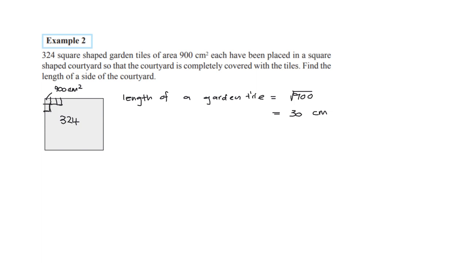Then how many square-shaped tiles here? Number of garden tiles in one row. In one row, what you have to do?